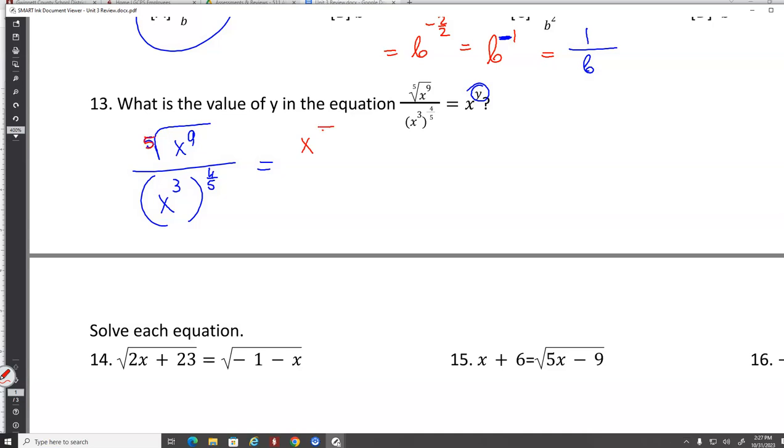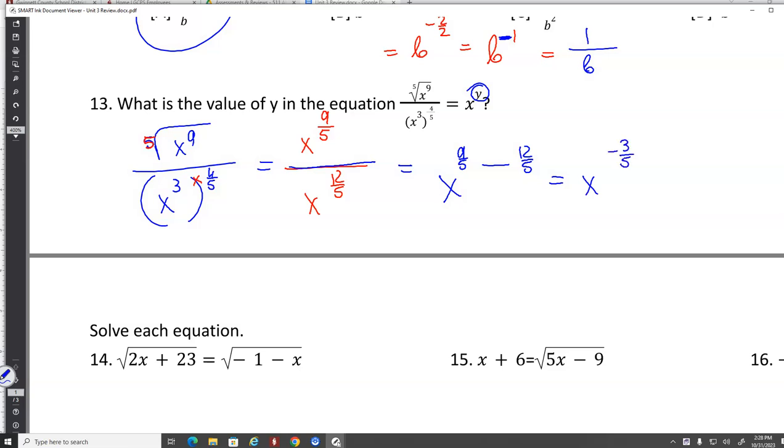So again, x, 5 goes from the outside on the bottom, and 9 goes on the top. Now here, of course, we are going to multiply 3 times 4 over 5, so that's going to give us 12 over 5. Now, when two bases are the same, x, we can subtract the exponents from each other because we have a division, so that means a minus. So x, we have 9 over 5 minus 12 over 5. Our denominators are the same, so we can simply subtract. So that's going to give me negative 3 over 5.